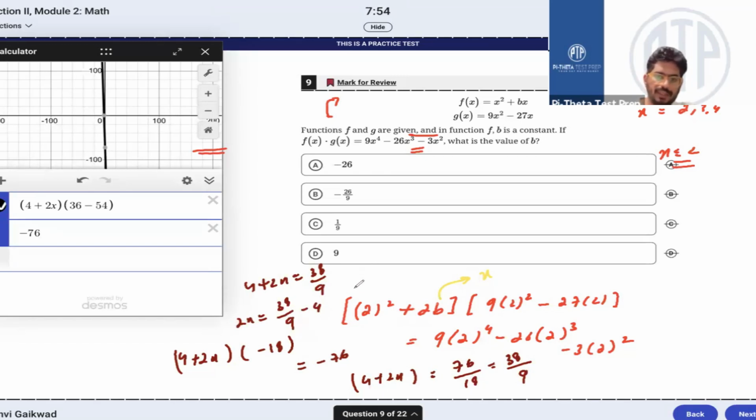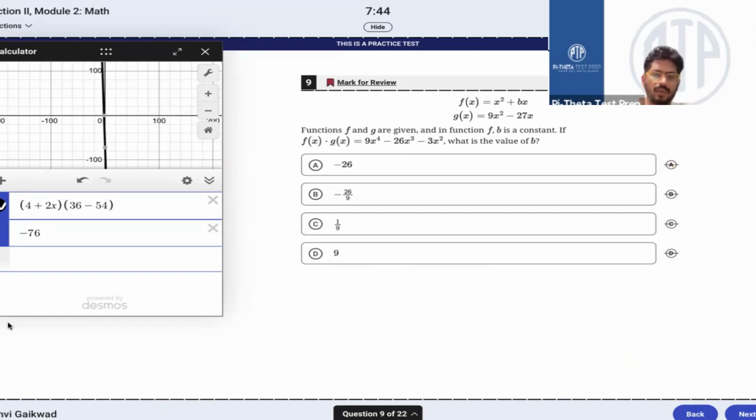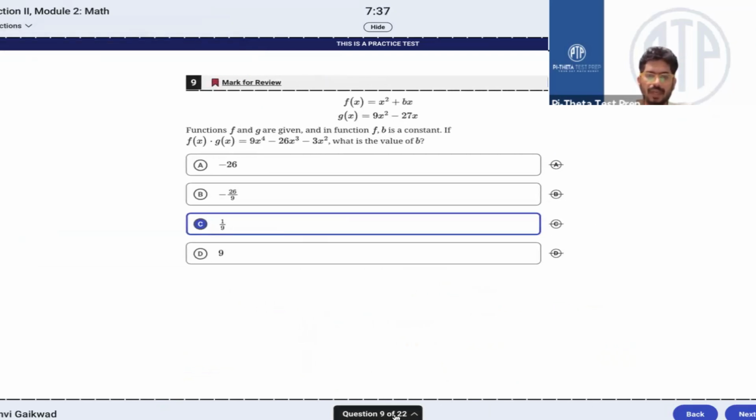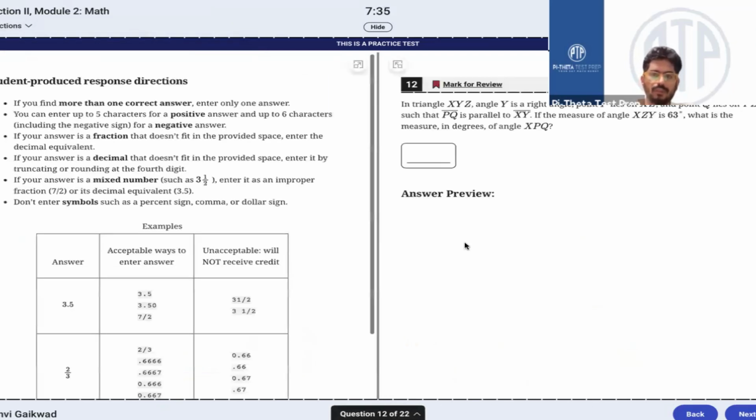That is nothing but 2 upon 9, and we can say x is equal to 2 upon 18, or 1 upon 9. So our option number C. Sometimes we need to do manual calculation also, if you are stuck in Desmos. That's what happens in the exam. But to understand this part, we have some limitations to solve some questions here.